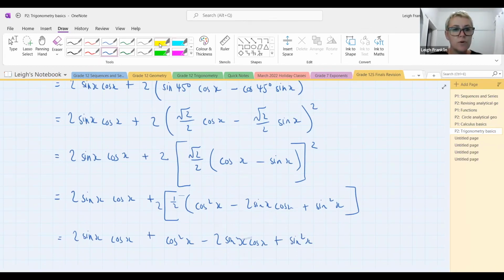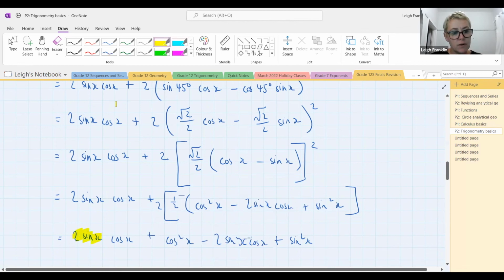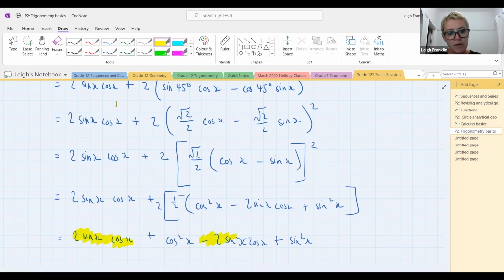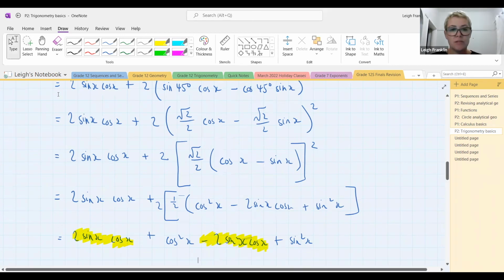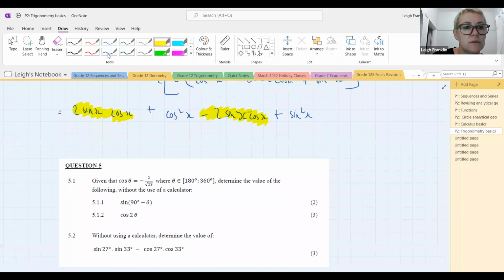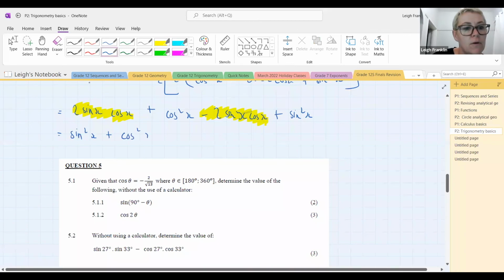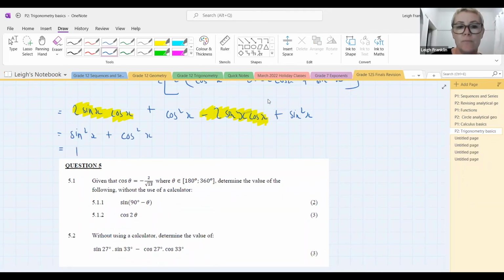So this one over here and this one over here are like terms. And sine squared x plus cos squared x is equal to 1. There we go.